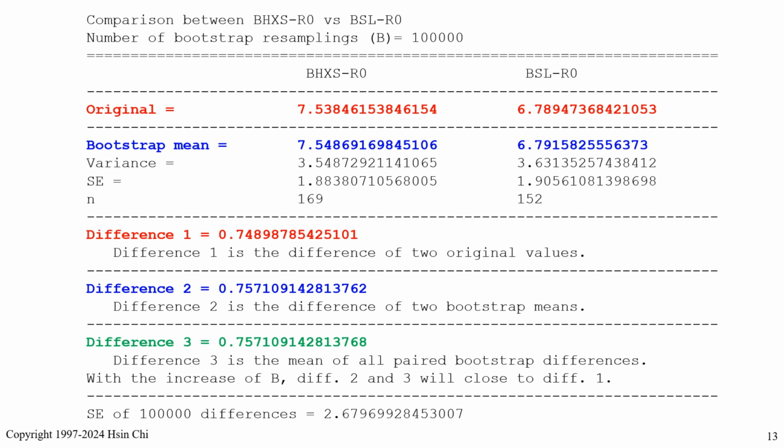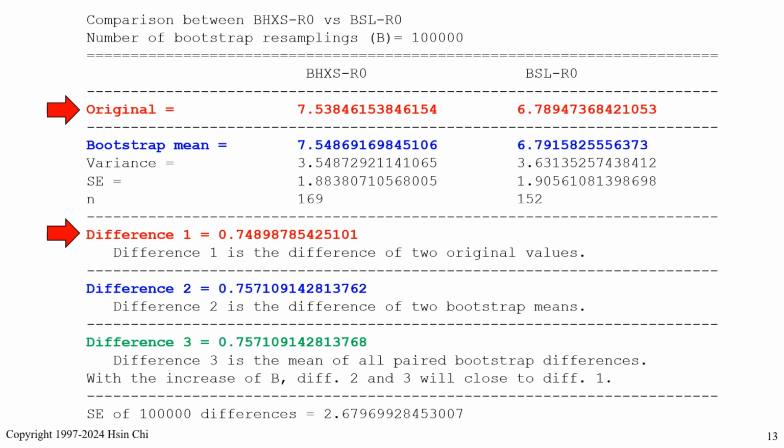In the file 24, you can see the detailed results of the paired bootstrap test. Because it is a paired test, there is detailed information about each pair. The original values are the parameters calculated in step A2. In this slide, you can see the comparison between BHXSR0 and BSLR0. The original net reproductive rate of BHXS is 7.538, and the net reproductive rate of BSL is 6.789.